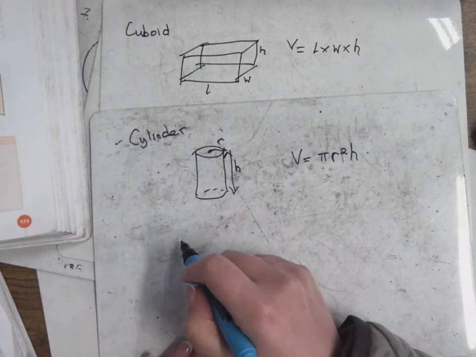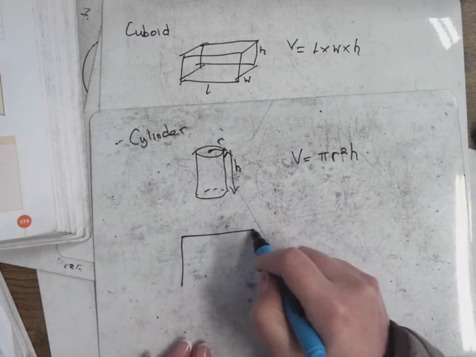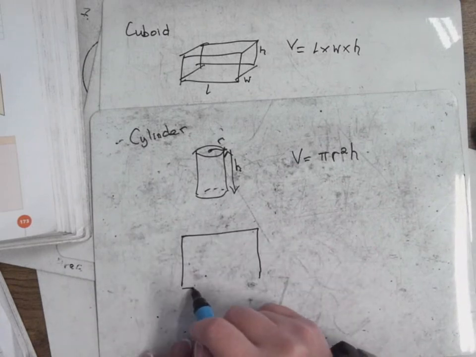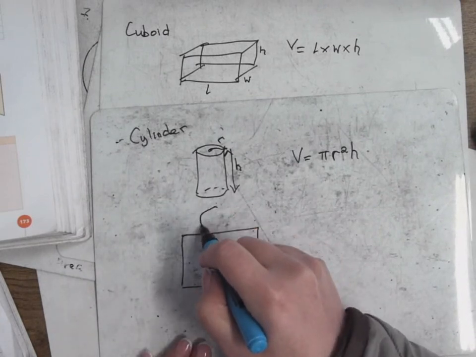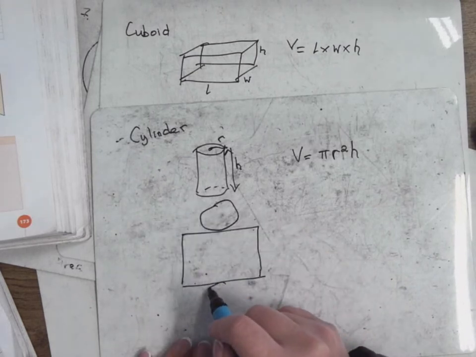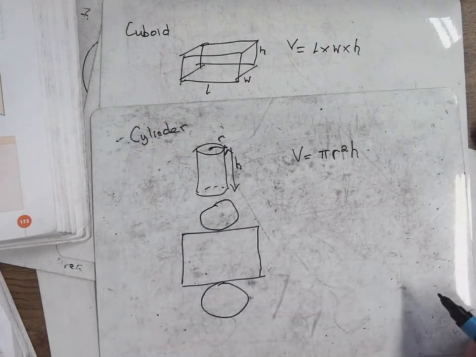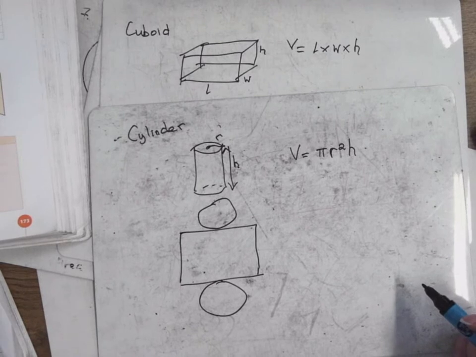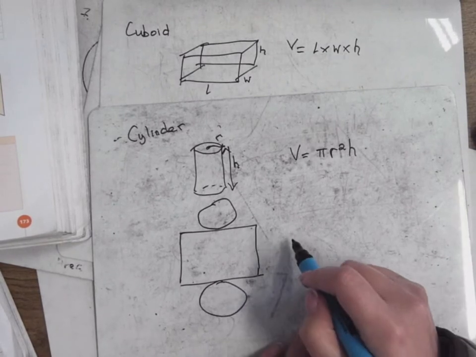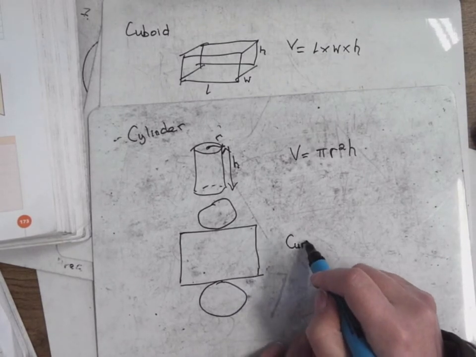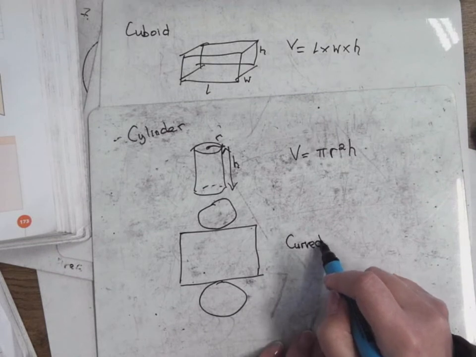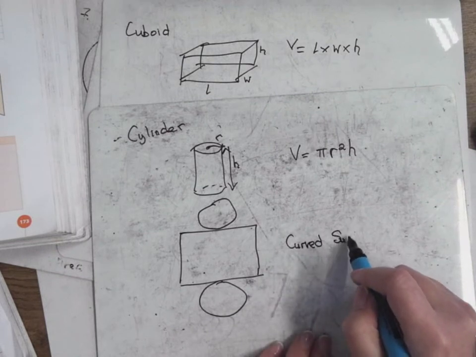Right, okay, and if I was to flatten that out, I'd have a rectangle in the middle, right, and I'd have a circle at the top and a circle at the bottom. Agreed? Okay, now, this is the bit in the log tables, they only give you the curved surface area.